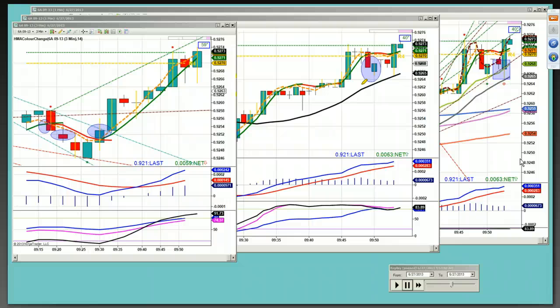What do you mean by south of the border? What I mean is the candle is below the HMA if we're looking to go short, or above the HMA if we're looking to go long. Do you see that these candles are not below? You see here, they're below the HMA on the 3-minute chart.